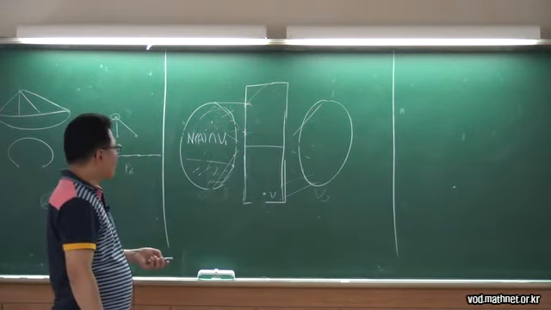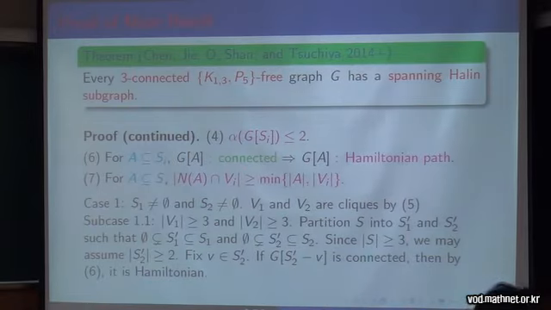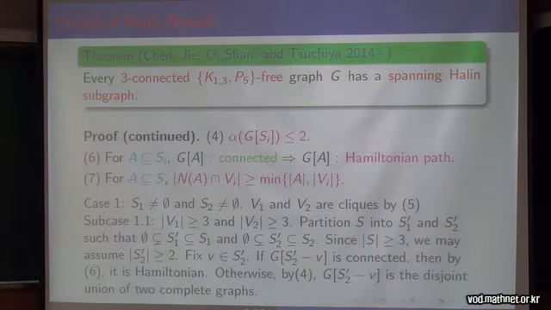If this is connected, then that means it has a Hamiltonian, no, I'm sorry, not Hamiltonian, a Hamiltonian path. And if this is not connected, maybe 2 parts in here, but because this is complete bipartite, and this part is complete bipartite, then it must be complete graphs in here, because independence is at most 2 here.